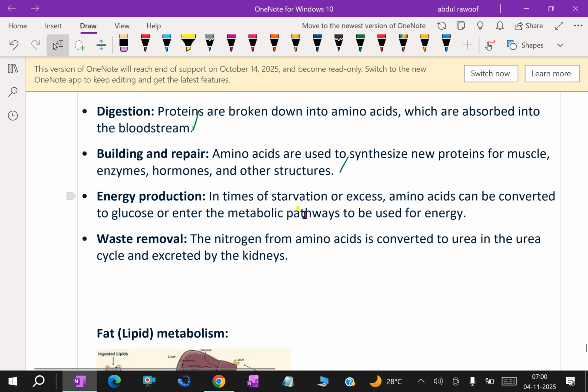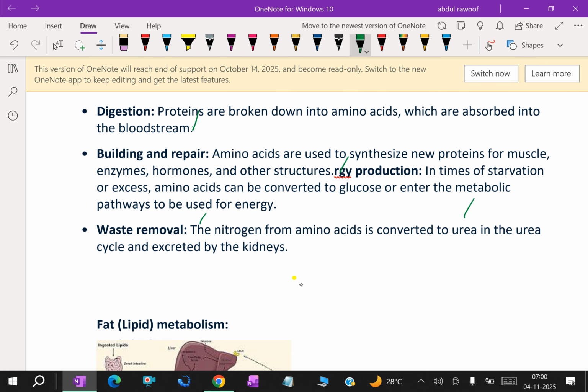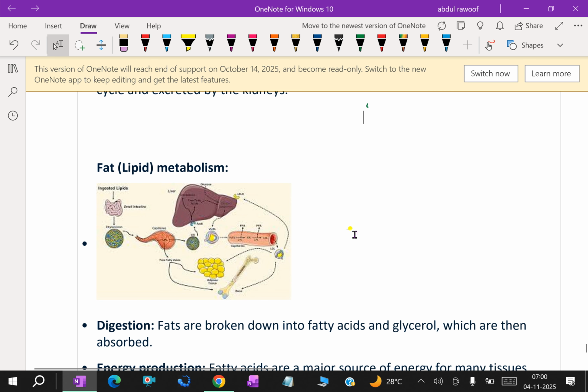In times of starvation or excess, amino acids can be converted to glucose or enter metabolic pathways to be used for energy. Waste removal. The nitrogen from amino acids is converted to urea in the urea cycle and is excreted by the kidneys.